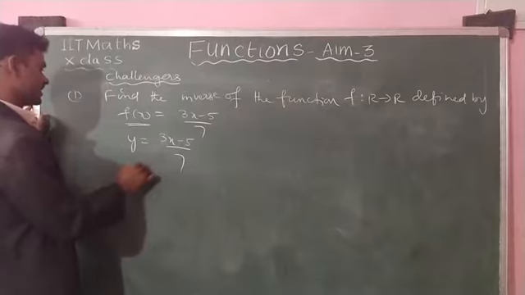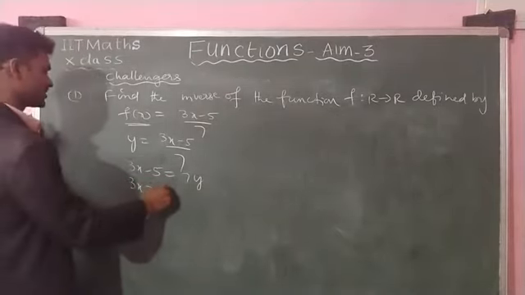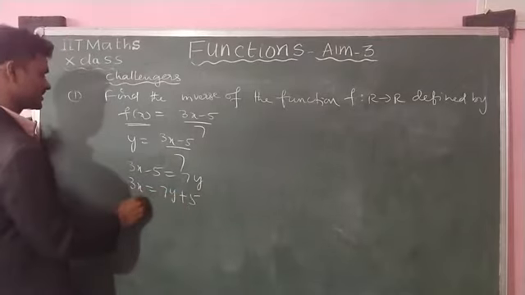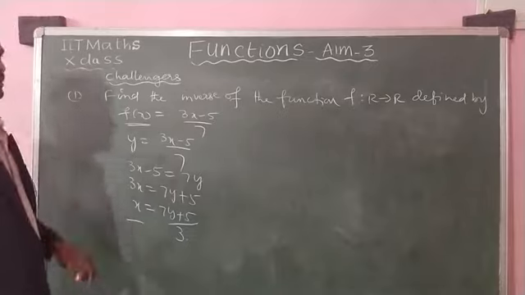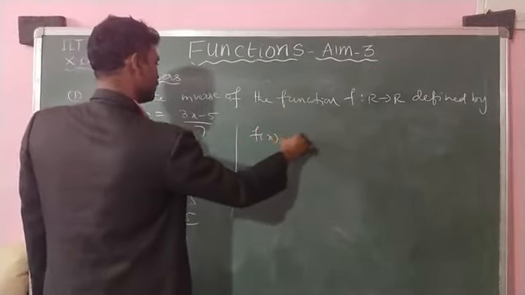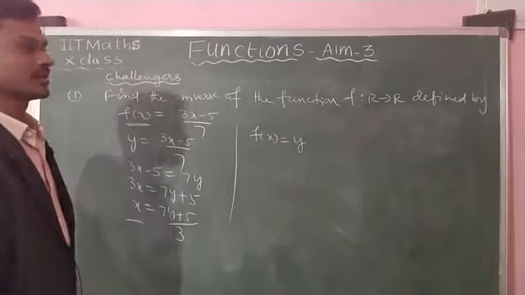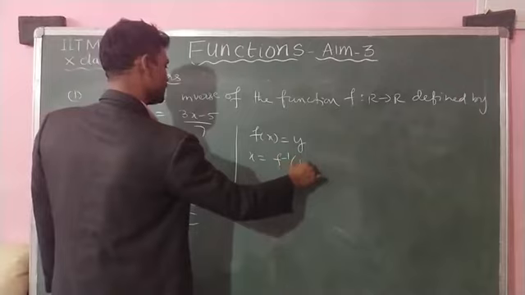Then you can write here 3x minus 5 is equal to 7y. Now 3x is equal to 7y plus 5. Then x is equal to (7y plus 5) by 3. This is x. Now f(x) is equal to y, so x is equal to f inverse of y.